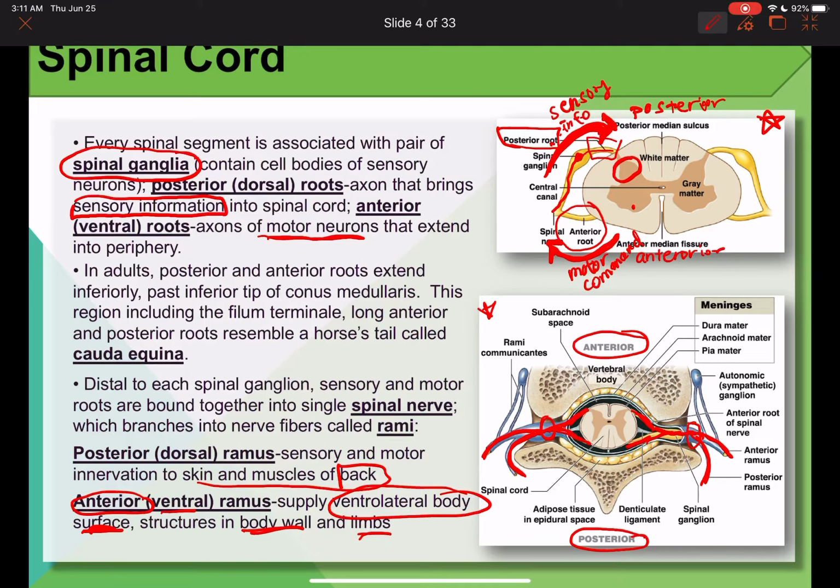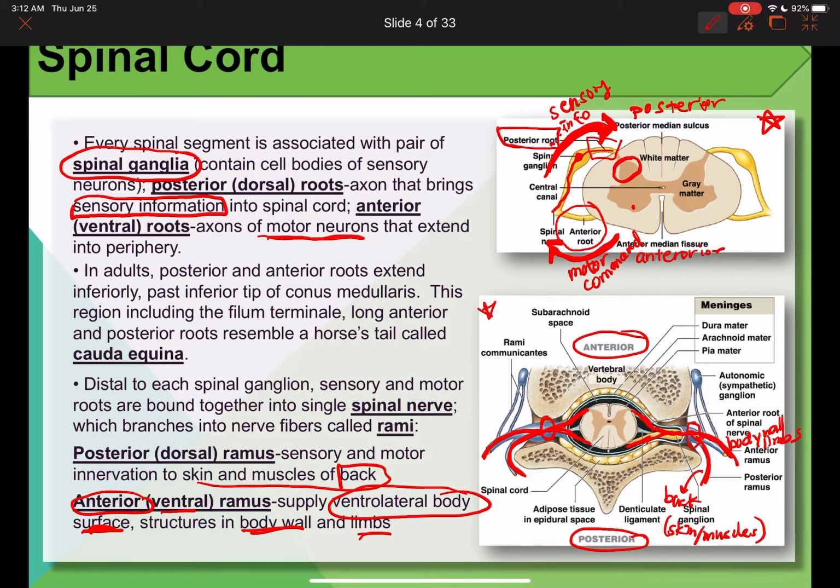So I would put right here, anterior ramus, I would put body wall and limbs, for example, okay? And then the posterior ramus here, I would put back, which includes skin or muscles, okay? All right. So make sure you remember what these ramus innervate, because these are the type of questions that can be asked on the exam.